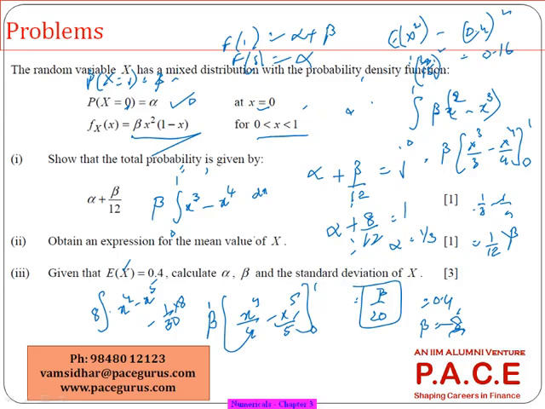Something we made a mistake. It can't be negative. Expectation of x squared minus expectation of x whole squared.